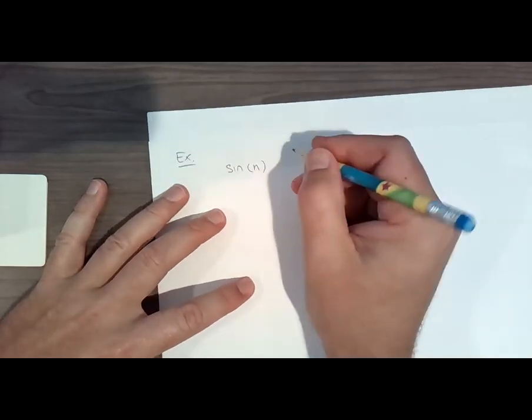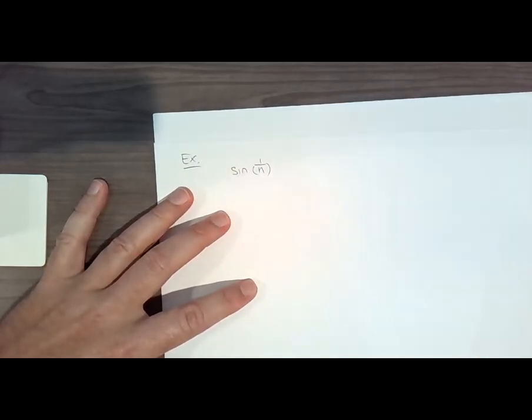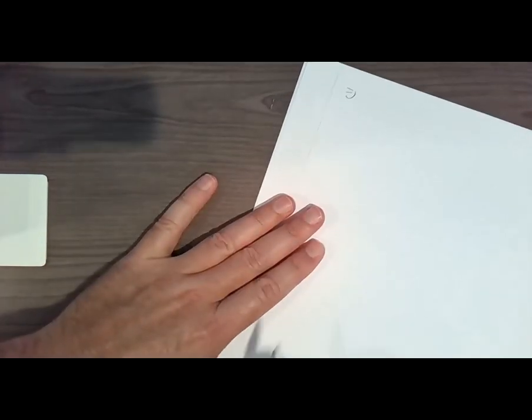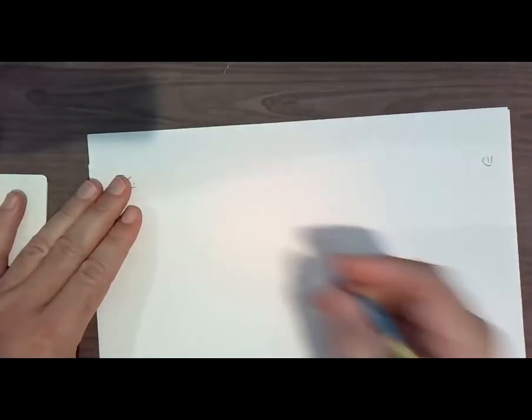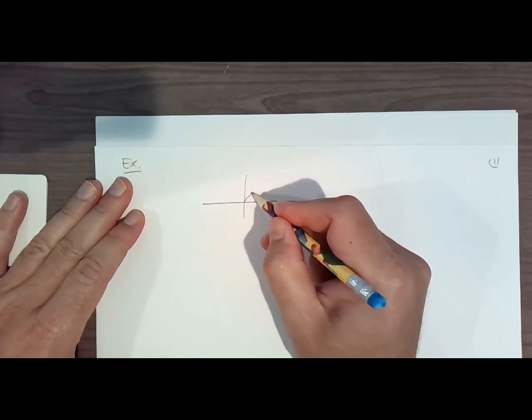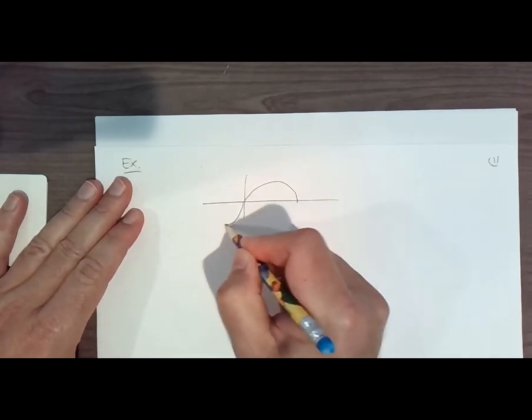Or you can even make it worse, like sine of, I should be a bit more careful. What I want is, sine is 0 at 0. So I want to have these bubbles here.